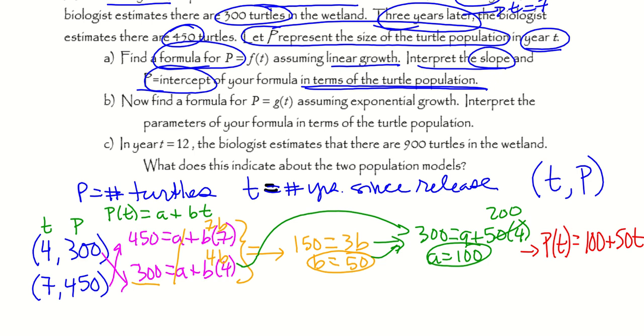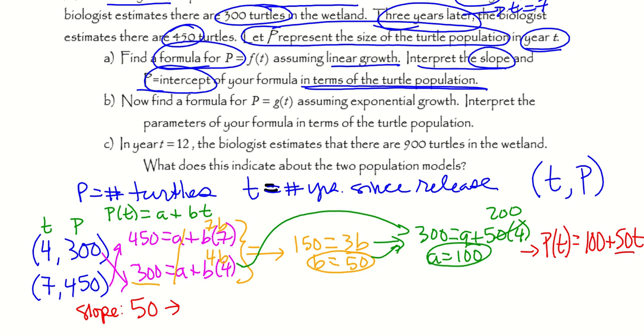The other thing we need to do is interpret. The first thing we had to interpret was the slope. When you interpret, make sure you identify the slope. So our slope is the coefficient of our variable, which is 50. If we want to interpret that, remember linear functions grow by a constant amount.